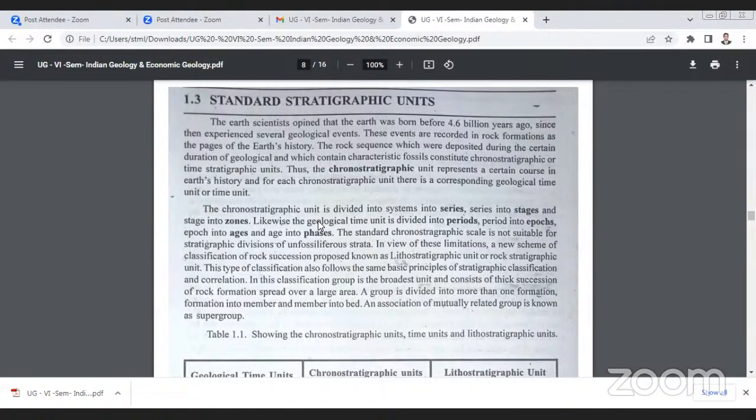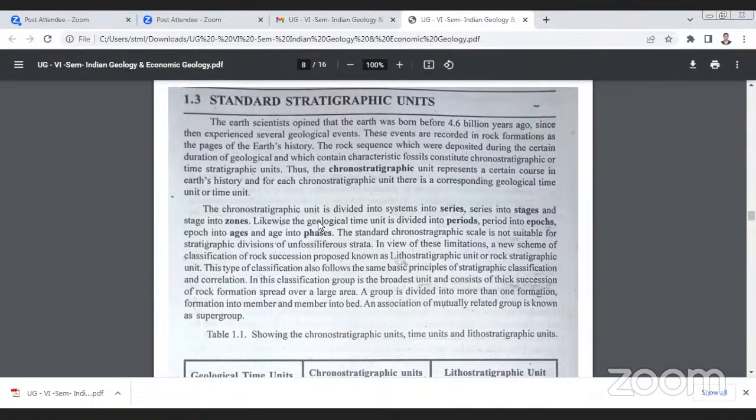These constitute the chronostratigraphic or time-stratigraphic units. Thus, chronostratigraphic units represent a certain course in Earth history, and for each chronostratigraphic unit there is a corresponding geological time unit.